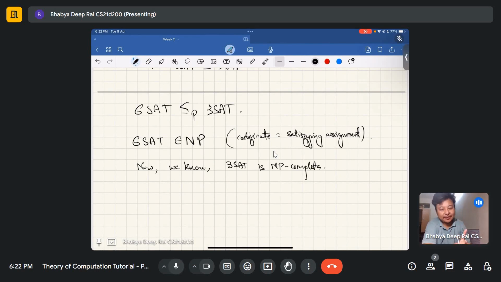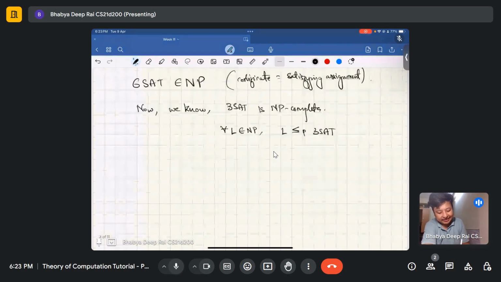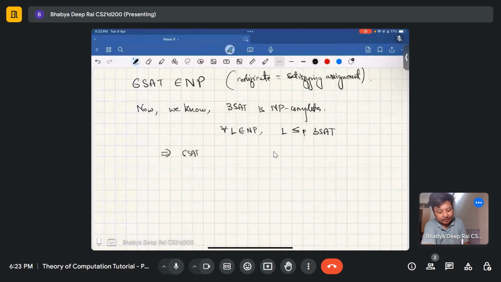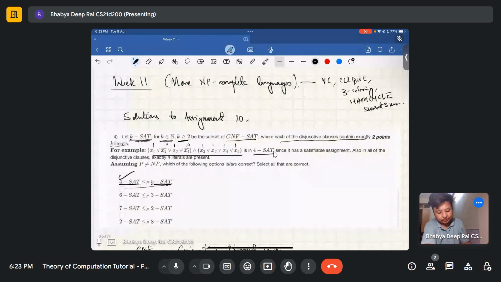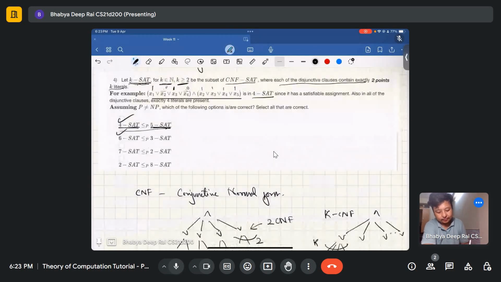If 3 sat is NP complete, then all languages in NP will reduce to 3 sat. For all L in NP, the language reduces to 3 sat. Which implies, since 6 sat is in NP, 6 sat reduces to 3 sat. Now, this means this is true.